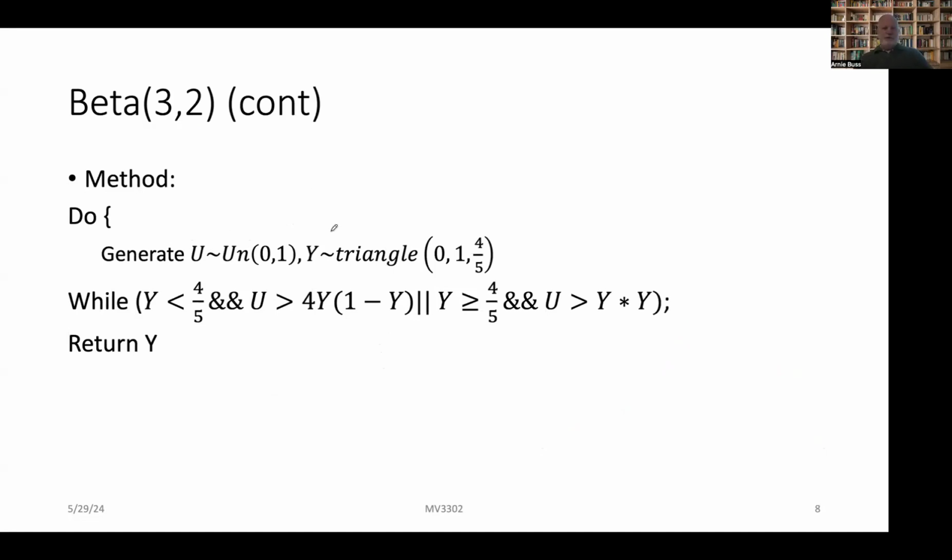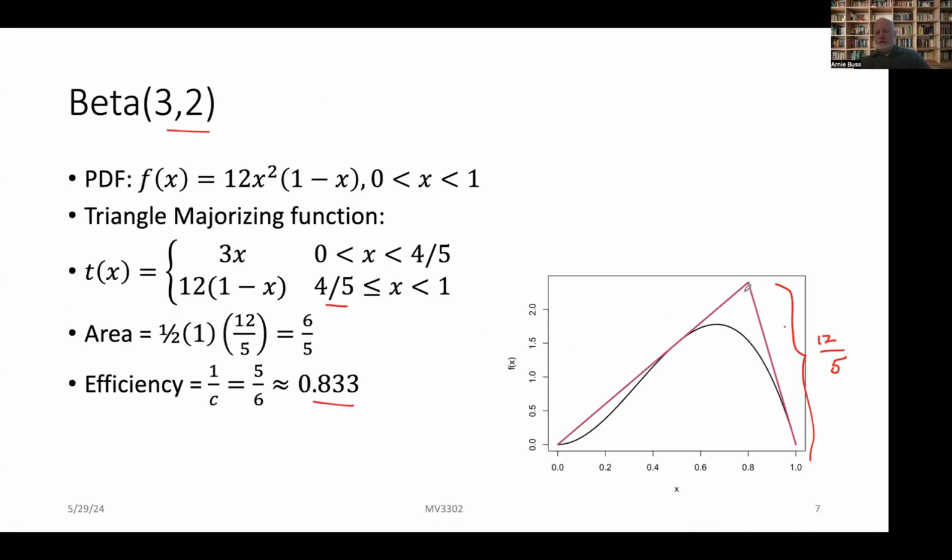Okay, so the first cut is, since we kind of know how to do triangles, we could do it this way. We have to pull the same deal here. If our y turns out to be down here, then we need to look at this ratio.